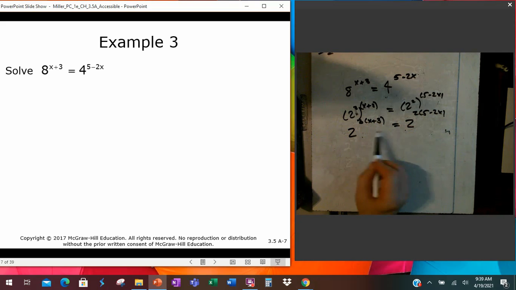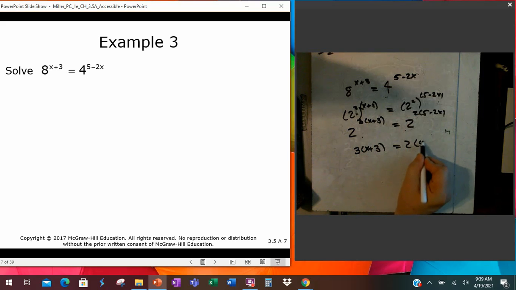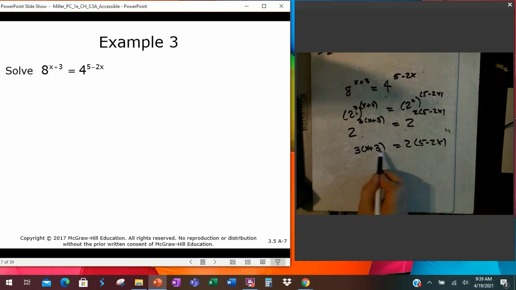And now my bases are the same, so the exponents have got to be the same. It's a one-to-one function, so only one value is going to give me this. That means 3 times x plus 3 equals 2 times 5 minus 2x. Then I just distribute, group, and solve. So 3x plus 9 is equal to 10 minus 4x.